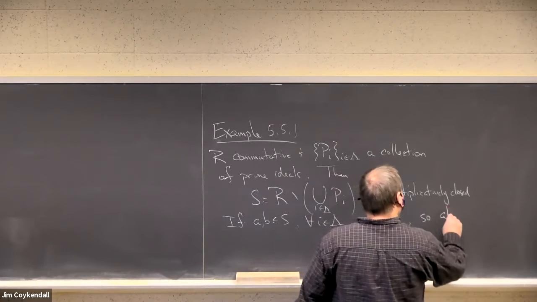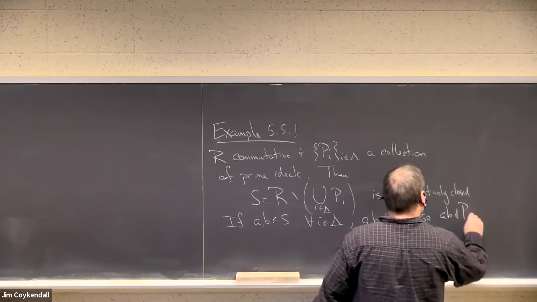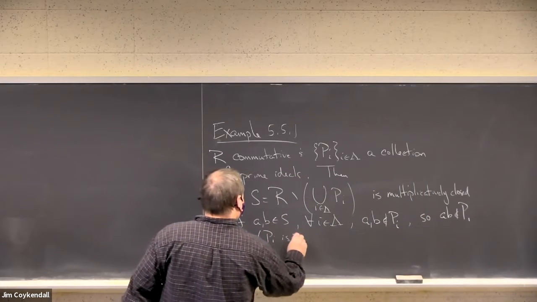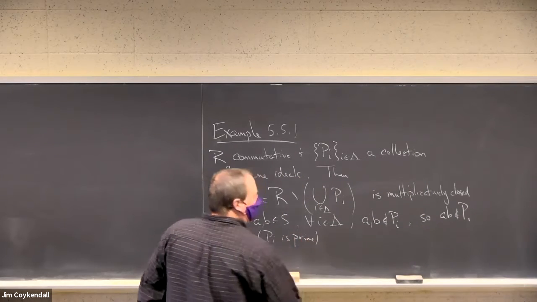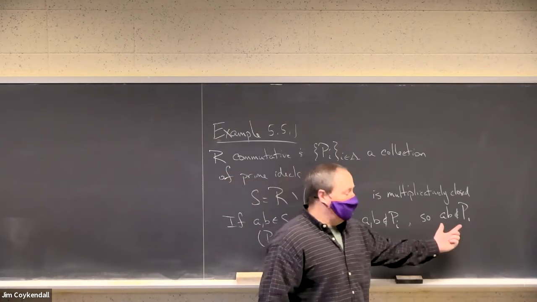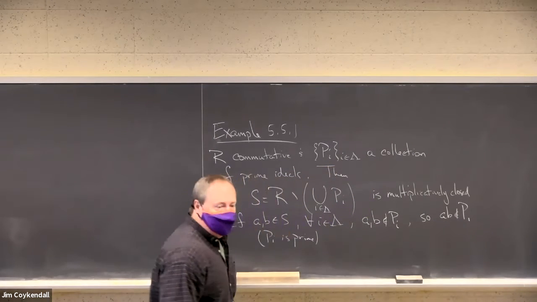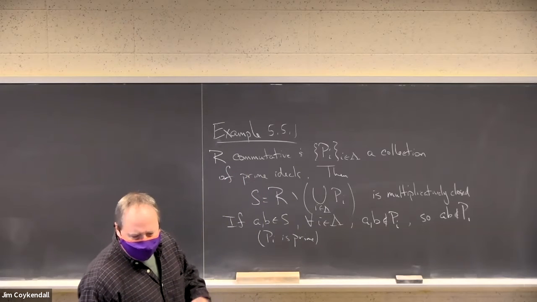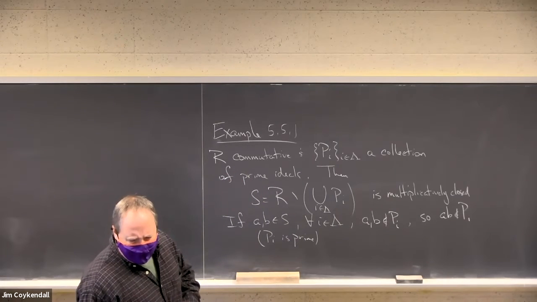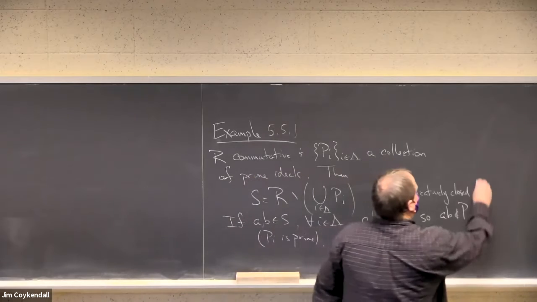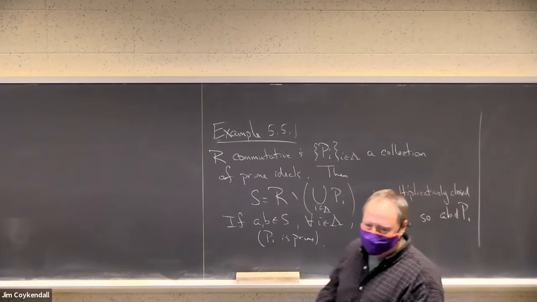So A and B are not in P_i because P_i is prime. And prime is very important, right? Because remember, what makes it prime is if A times B is in there, then it must contain either A or B. Since these are prime ideals, and that's central to this, this is actually a multiplicatively closed set.